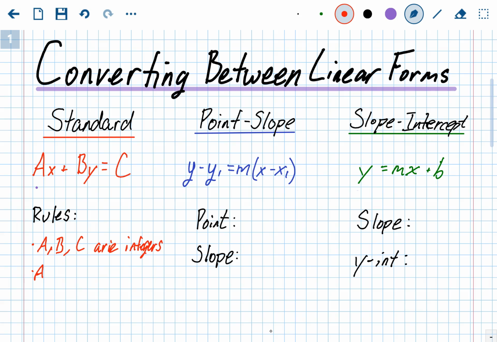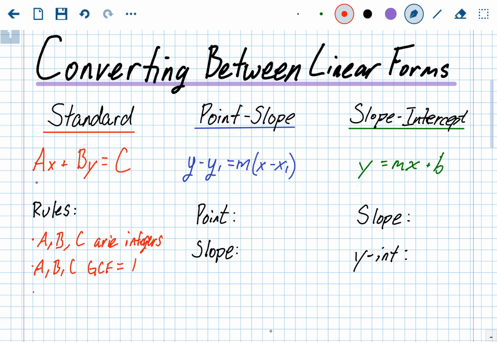A, b, and c have to have a GCF of 1, so greatest common factor of 1, meaning they share no other common factors. And then a is supposed to be positive. Those are the main rules for standard form.